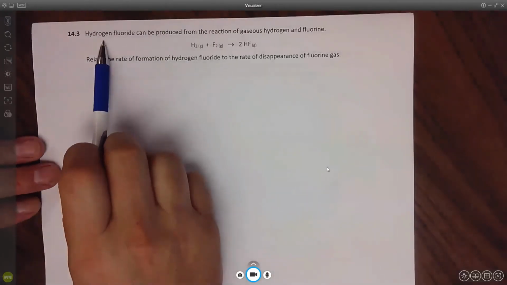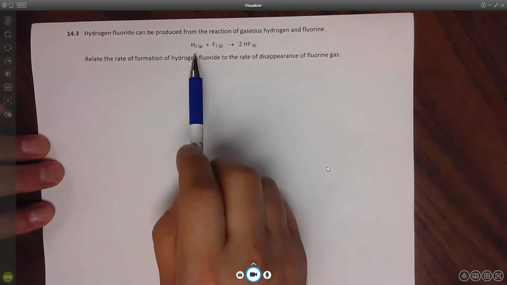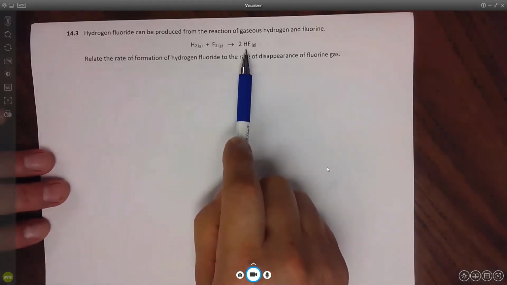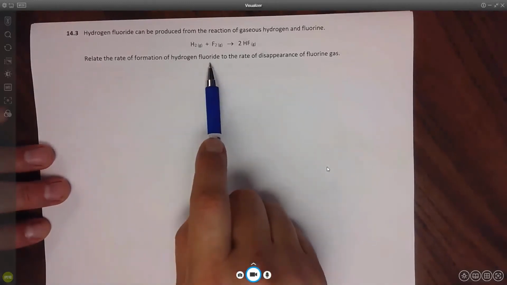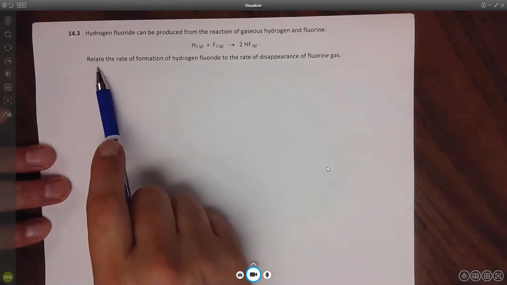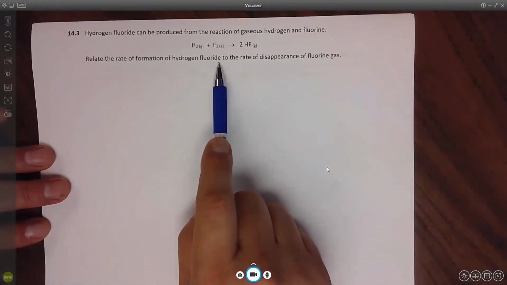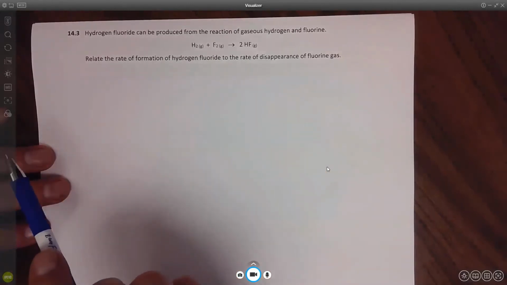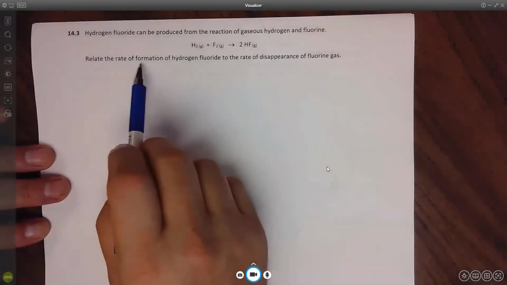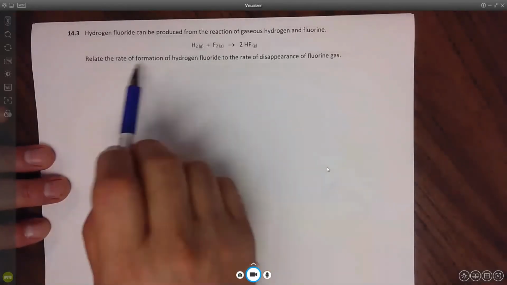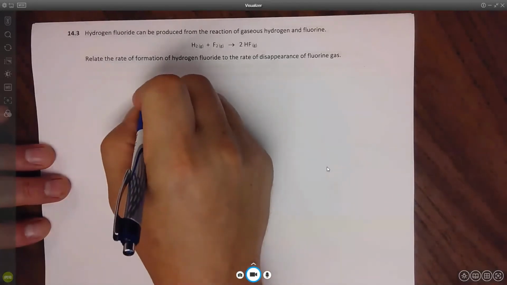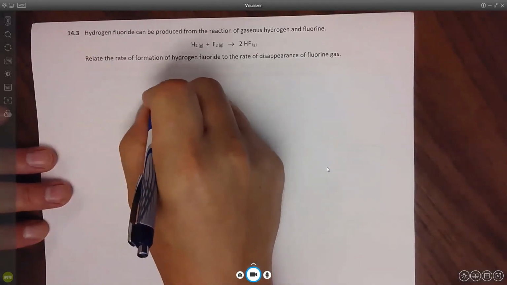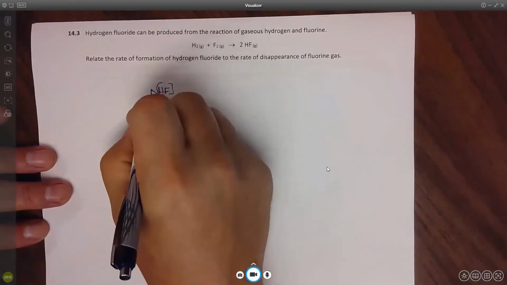So it says hydrogen fluoride can be produced from the reaction of gaseous hydrogen and fluorine, okay, to produce our hydrogen fluoride. It says relate the rate of formation of hydrogen fluoride to the rate of disappearance of fluorine gas. So the formation of hydrogen fluoride, that individual rate would be the change in concentration of hydrogen fluoride with time.